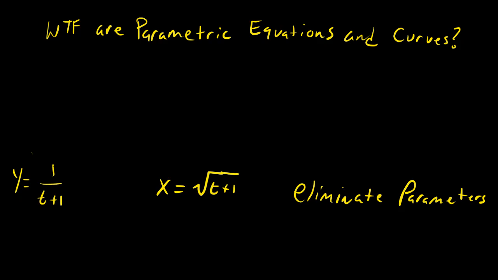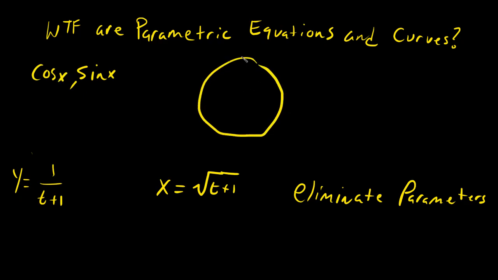A good example of parametric equations is the unit circle, essentially. Cosine x and sine x. When you have a unit circle, you have 1, 0 here, 0, 1 here, negative 1, 0 here, and 0, negative 1 here.